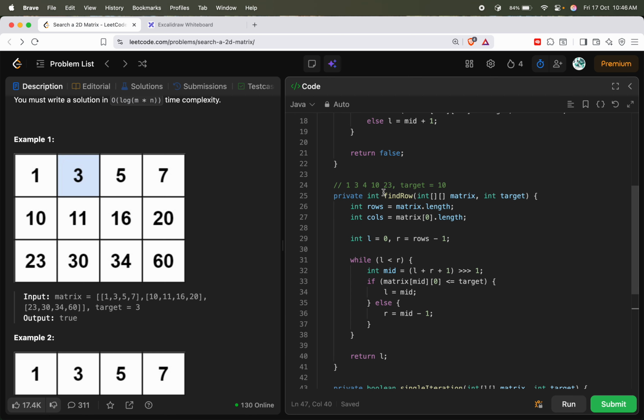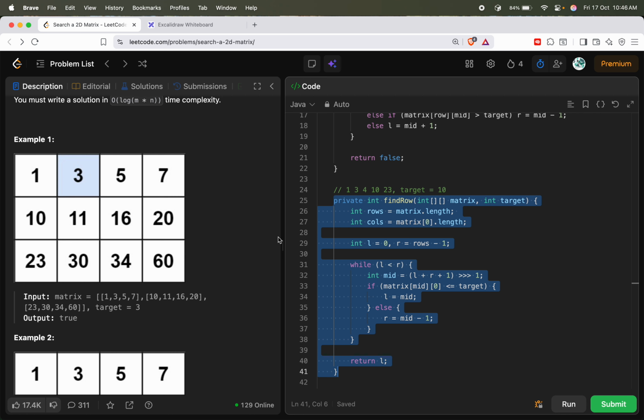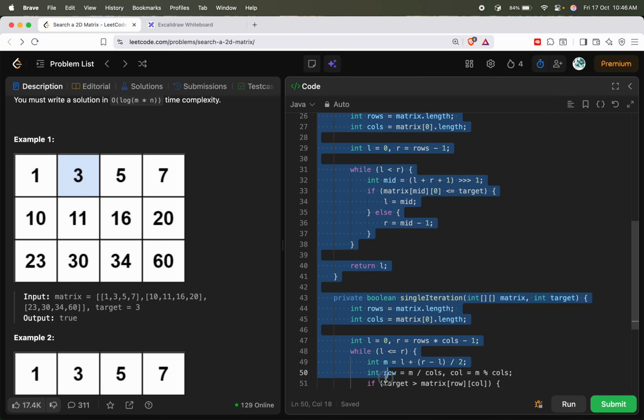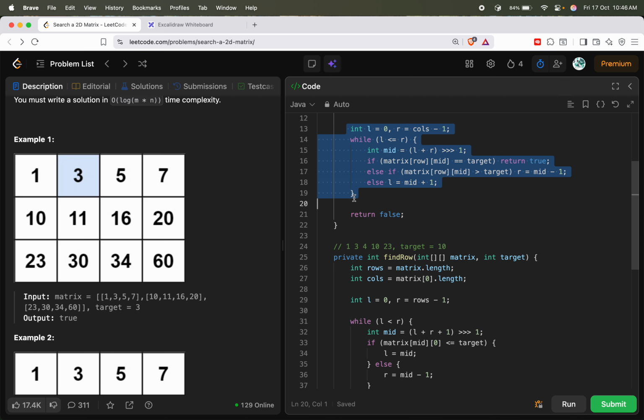In the second approach, first we identify the lower bound, which takes order of log m since we have m rows, and then the binary search takes order of log n. The overall time complexity would be order of log m plus order of log n, which is equal to order of log mn.